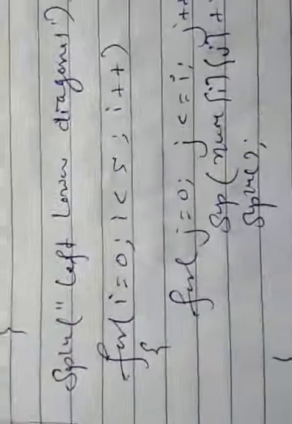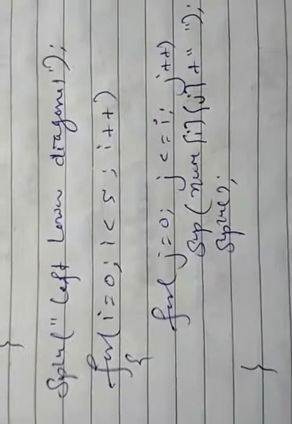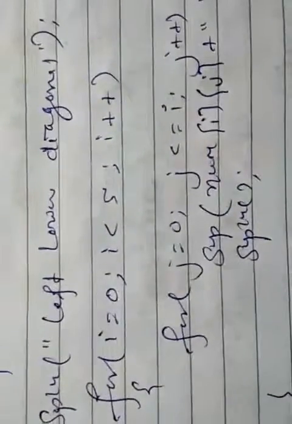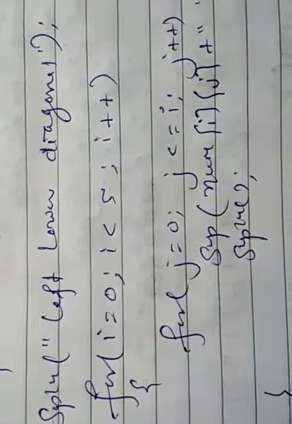So your matrix has been inputted, 5 and 5, and now we are printing here the left lower diagonal. So the loop will be 0 to 5 and the second will be 0 to i. So this will print only one value in the first row, because the value of i is 0.